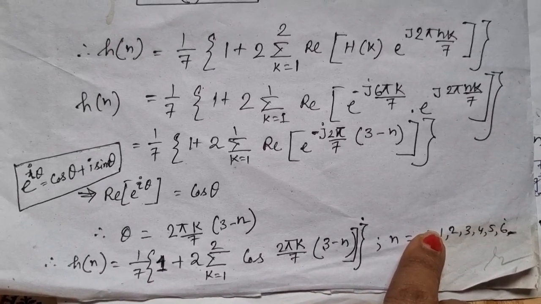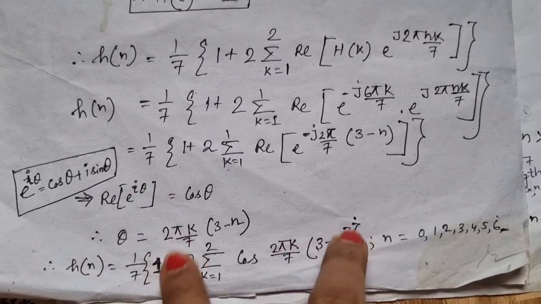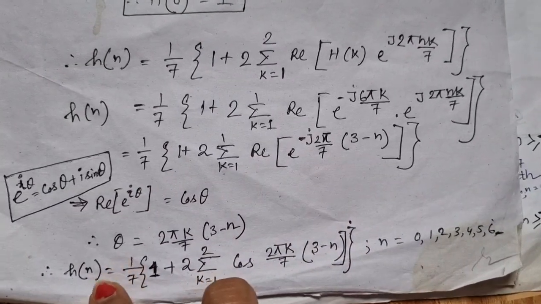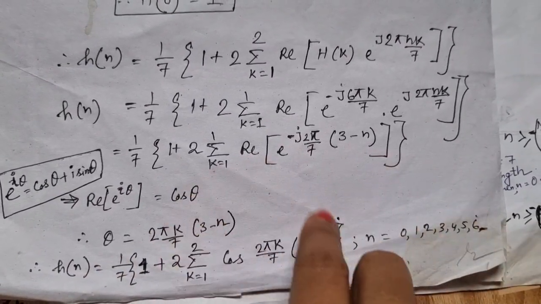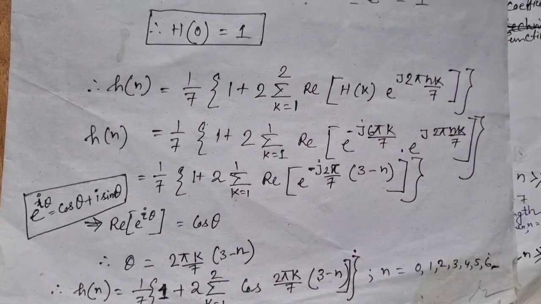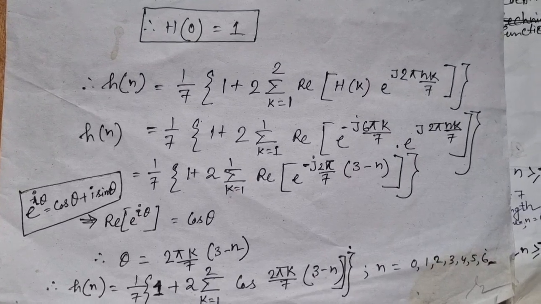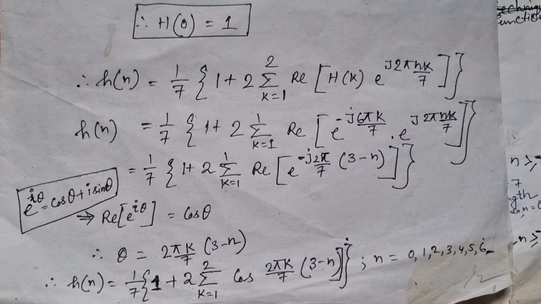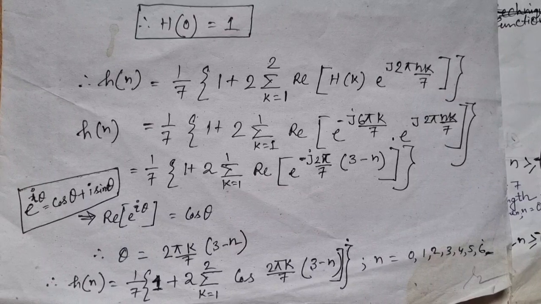How we do the DFT: when n equals 0, then n equals 1, put here 1, then 2, 3, 4, 5, 6, up to 6. In such a way, whatever the value of n, we get h of n, and those are your answers.